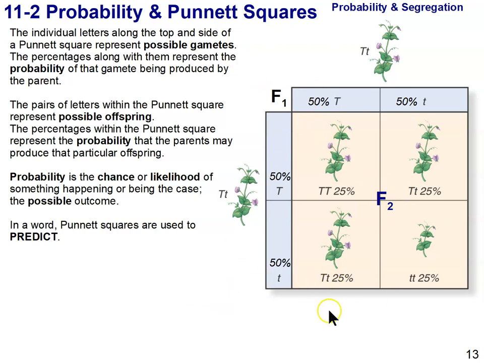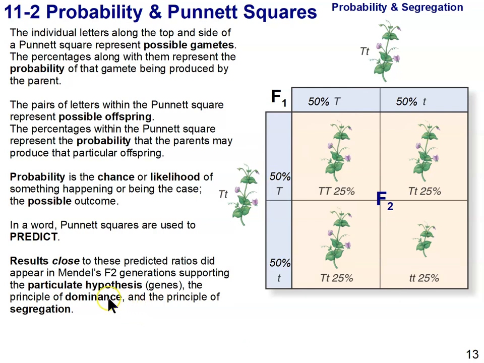And when he actually crossed plants, no matter which character he was working with, it always ended up being the same. He always ended up getting results that were close to the predicted ratios. Not exactly. He may have gotten exact results a few times, but for the most part, all he got were results close to what he predicted, which is good enough to support his hypotheses: the particulate hypothesis, the law or principle of dominance, and the law or principle of segregation.